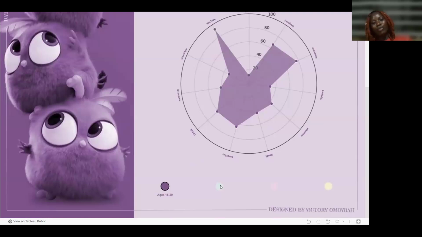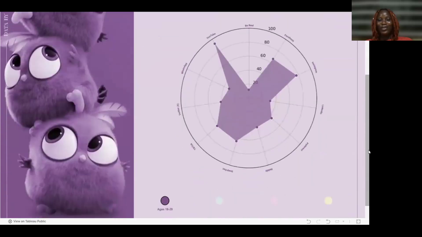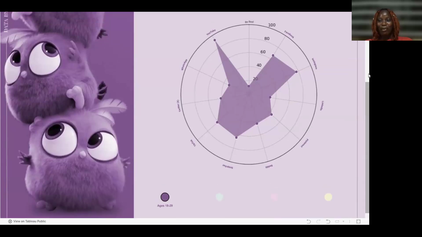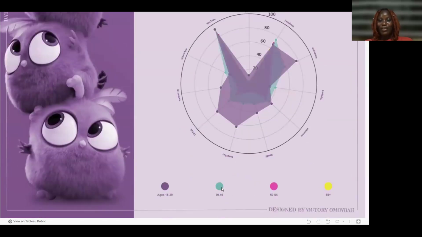We could also go deeper to find out about other ages, but I wouldn't want to dwell on just a particular age, so that I don't take too much time. These filters just help you interact more with this particular chart. But we would see that ages 18 to 29 seem to be more dominant because they tend to cover more of the entire colors.